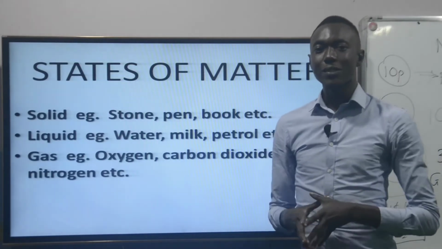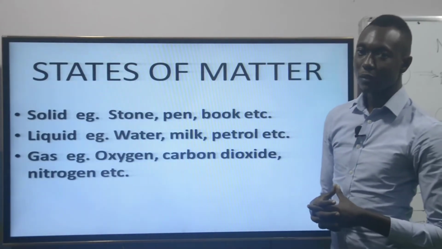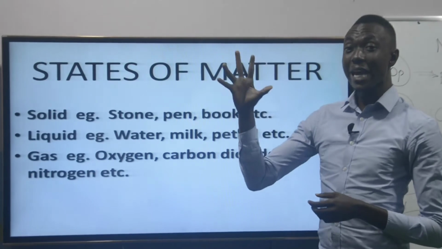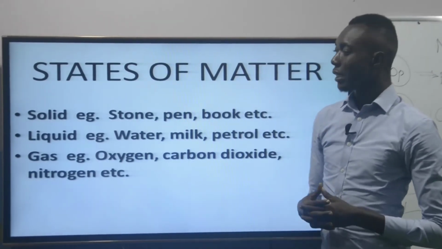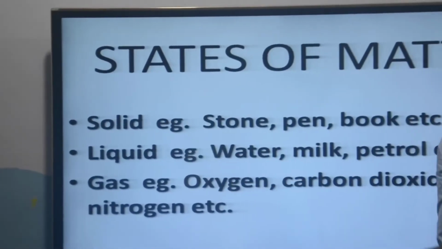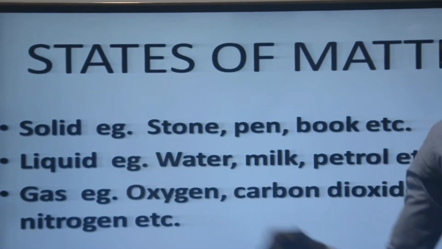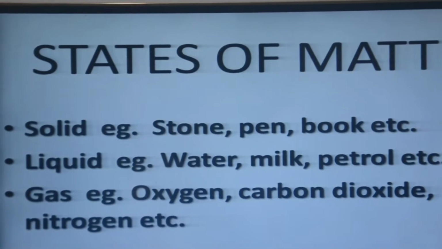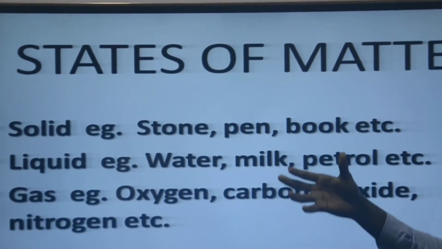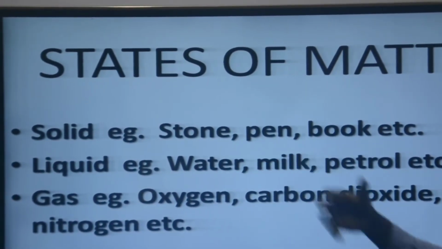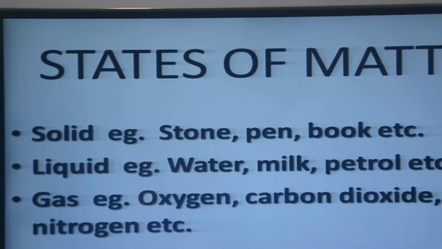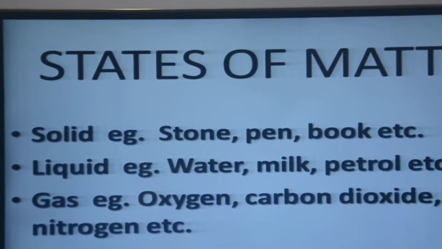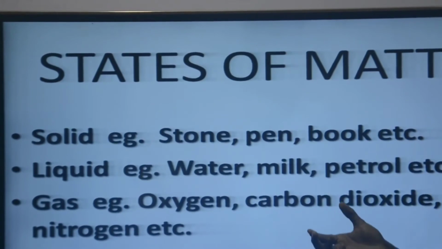Let us look at the states of matter. We have three main states of matter, namely solid, liquid, and gas. Examples of solids being stone, pen, book, and so on.